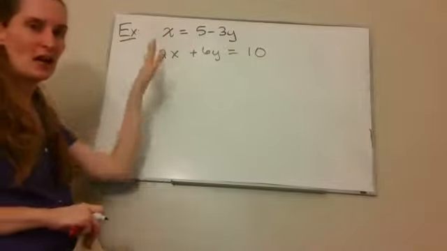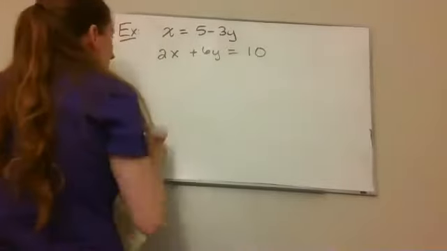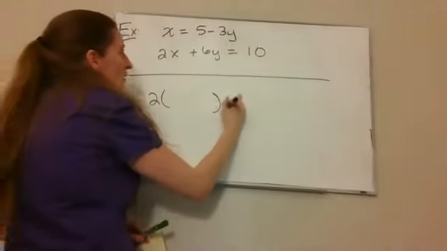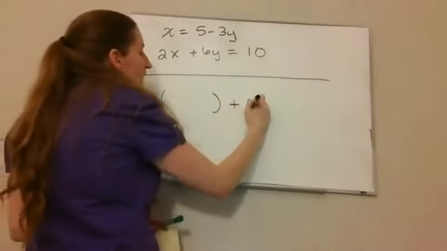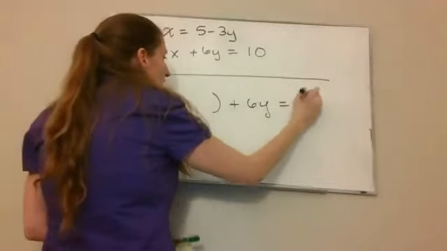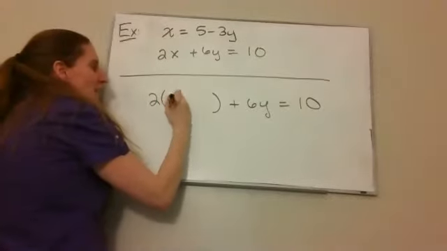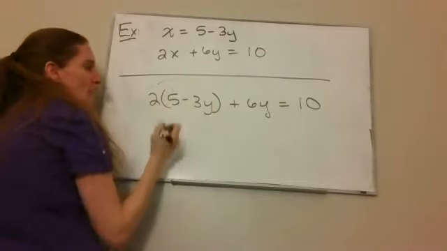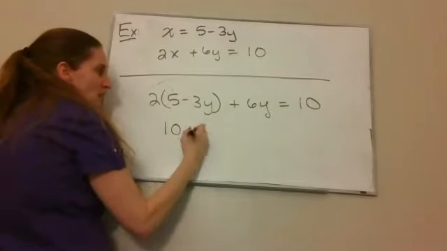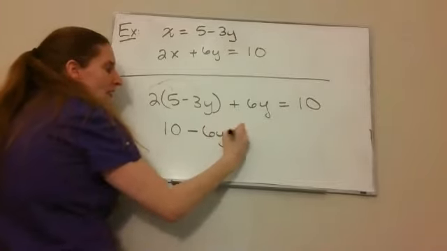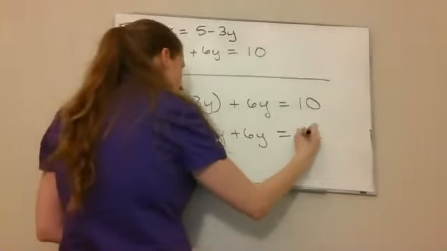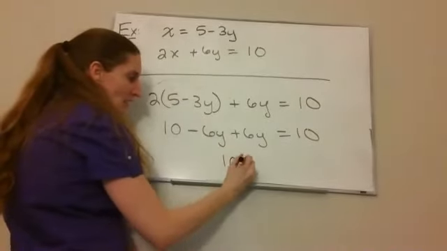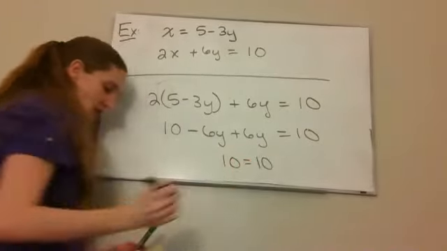So I can take the top equation and plug it into the bottom equation and get 2 times my x plus 6y equals 10. I plug the x in, 5 minus 3y. And now let's distribute. 10 minus 6y plus 6y equals 10. When I combine like terms, I get 10 is equal to 10.